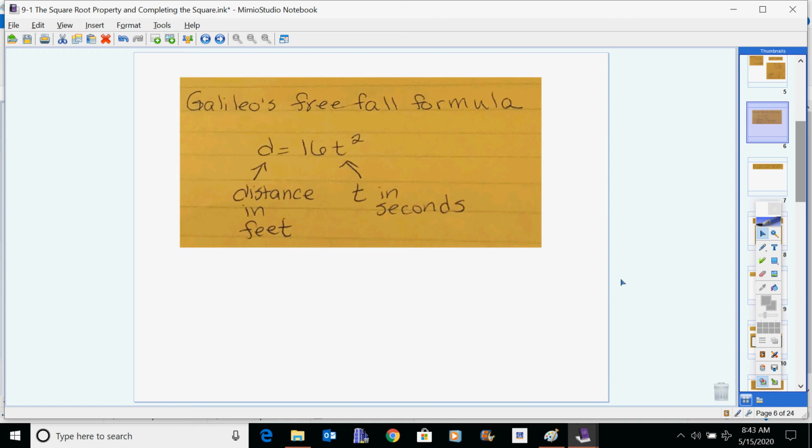Now, in physics, we're doing it in terms of meters per second, or meters would be our unit, but in here a lot of times we think in feet. So in your book they're giving you Galileo's free fall formula in terms of feet. d equals 16t squared. You will not have to memorize this formula, by the way.